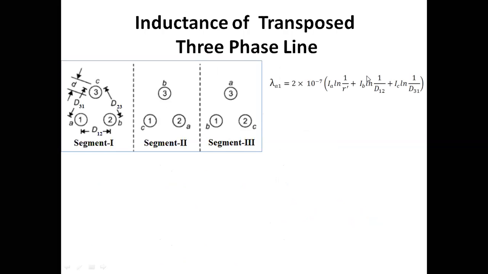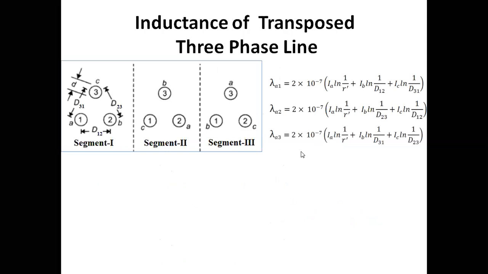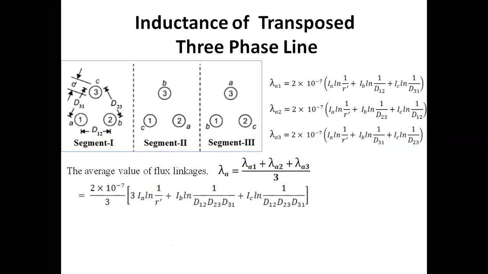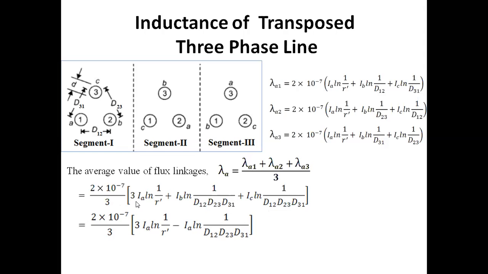These are the three equations. Next, the average flux linkage is lambda A equals lambda A1 plus lambda A2 plus lambda A3 divided by 3. After putting in these three expressions, we get 2 into 10 to the minus 7 by 3, then it becomes 3 into IA ln 1 by R dash, because this part is common for all.